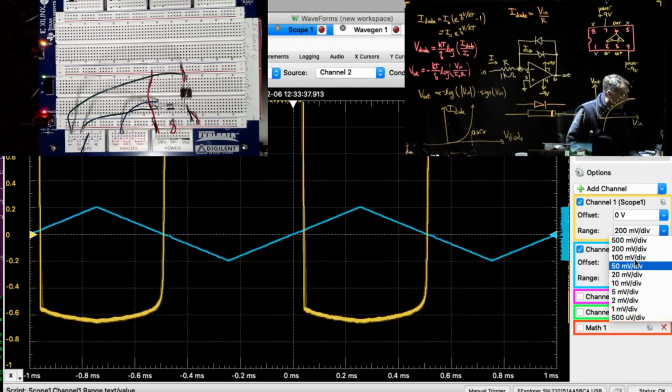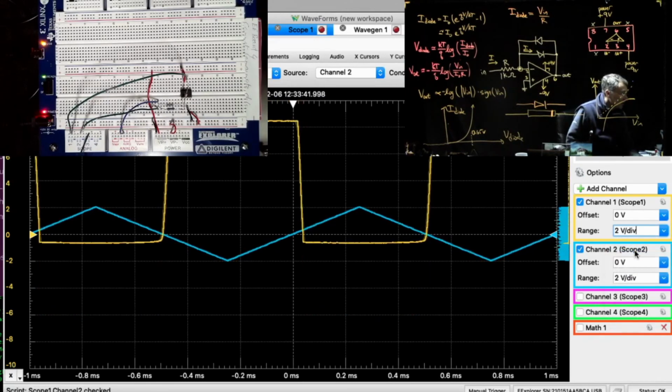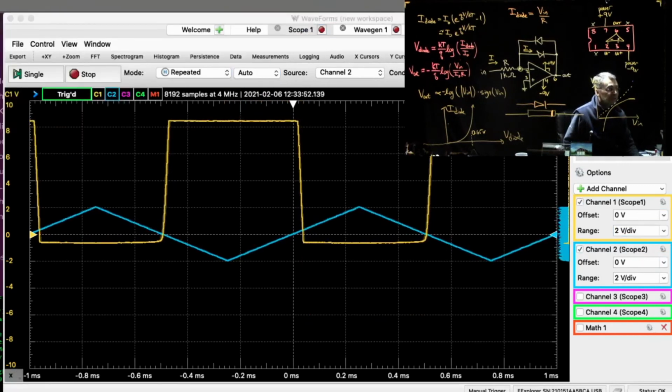Let's try 2 volts per division here. Yeah, so you see it just gets stuck pretty close to the 9-volt power supply. Here, let me get this window out of your way. So here's 9 volts.